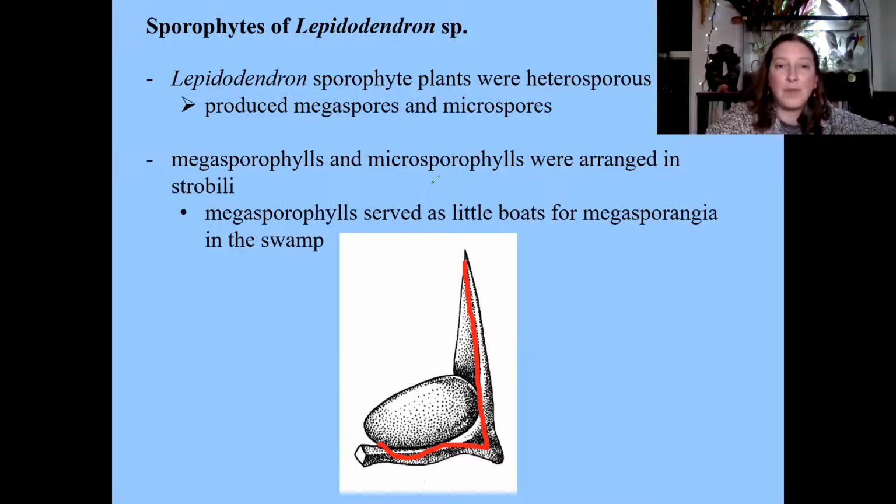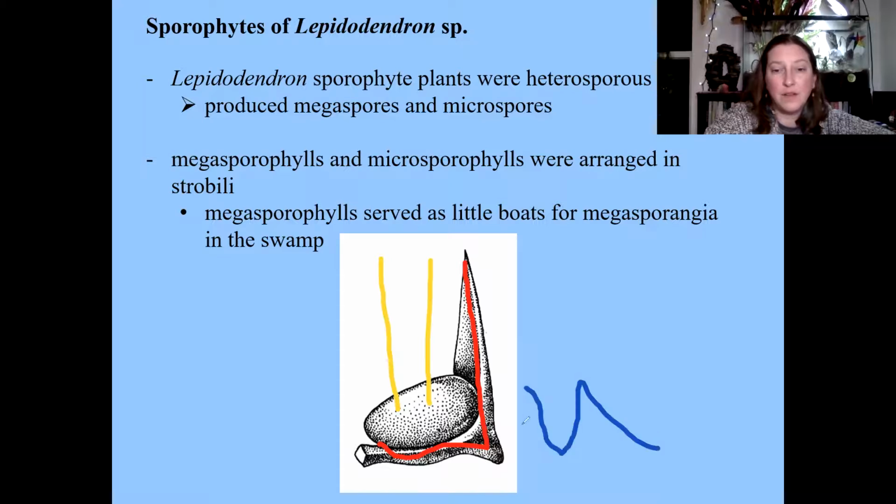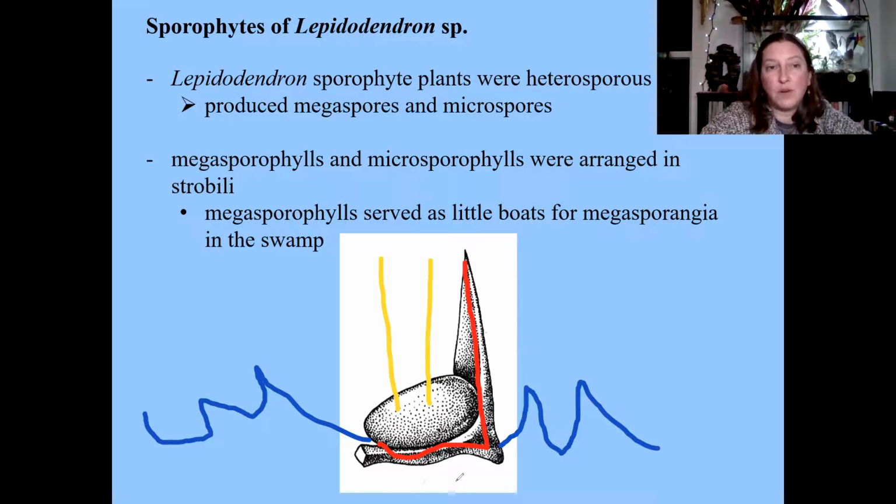And then eventually the megasporangium would open, exposing the megaspores, and then the microspores would be released and fall from above as this leaf floated by on the water, which is super cool.